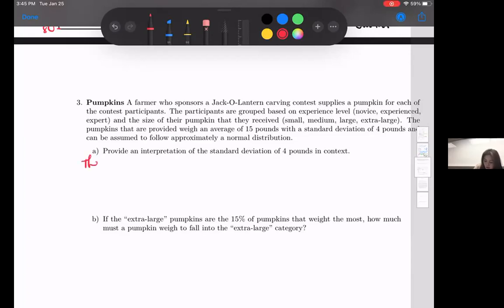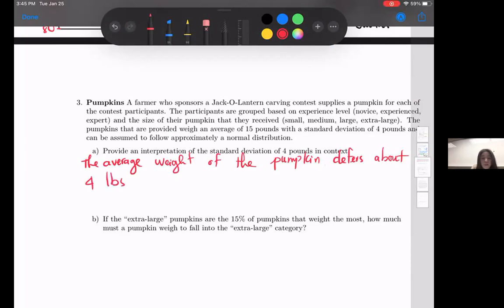The average weight of a pumpkin differs about 4 pounds away from its mean of 15 pounds.